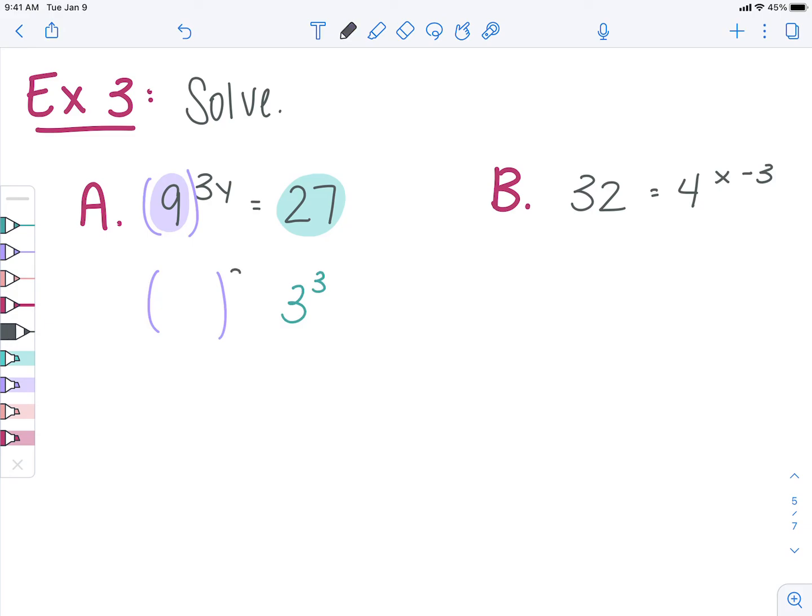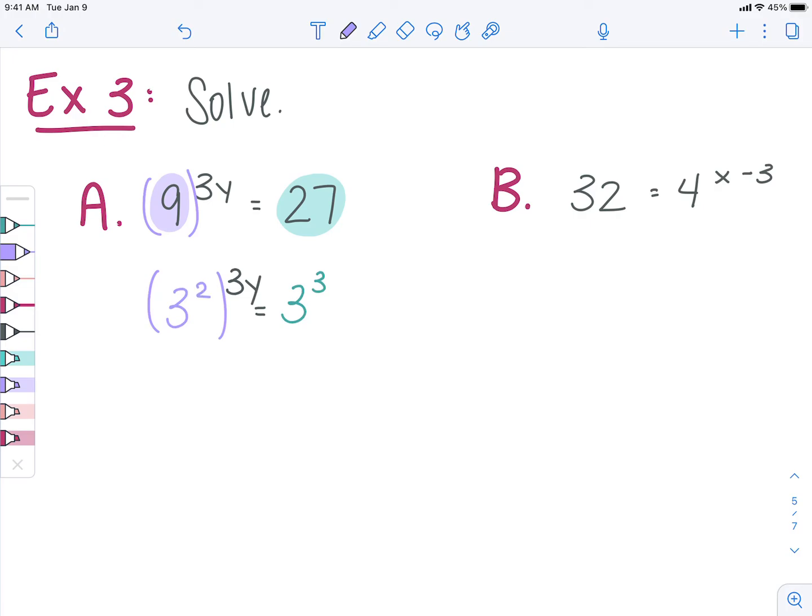So this 3y is going to stay on the outside of the parentheses. I always protect what I'm changing so that I don't accidentally mishmash the exponents together. Now, instead of 9 to the 3y, I'm going to have 3 squared to the 3y.